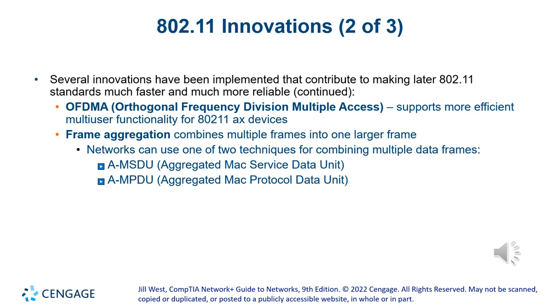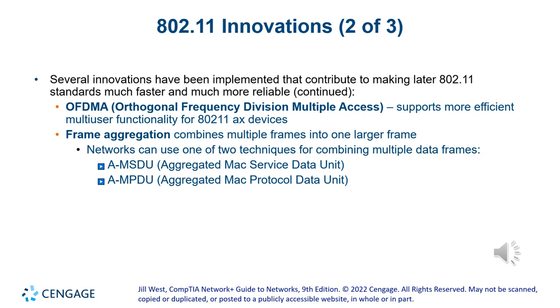Also, you can have the frame aggregation, which combines multiple frames into one larger frame. So it's similar to doing jumbo frames on layer 2. Remember that we talked about the MTU, the maximum transmission unit, that is 1500. So each frame has to have that size of data. But if you're transferring larger amounts of data like backups and things like that, you can use jumbo frames.